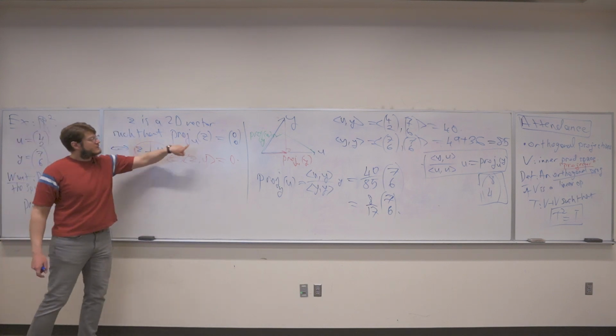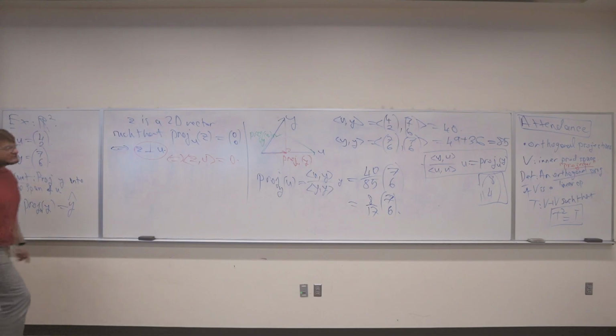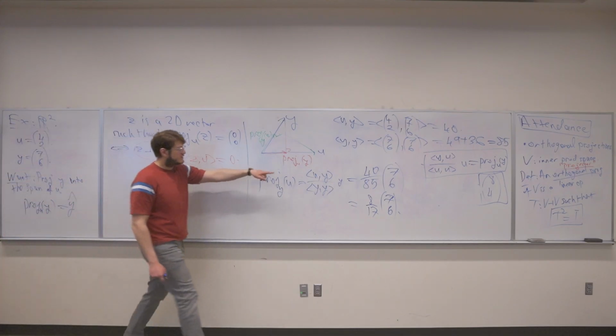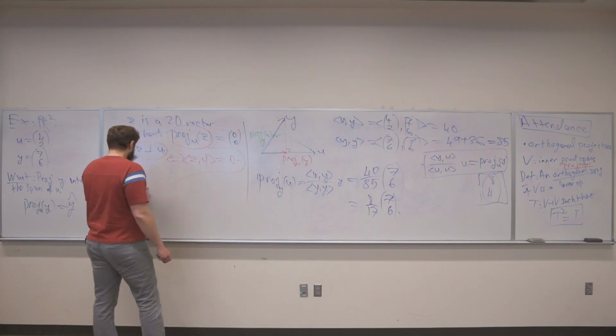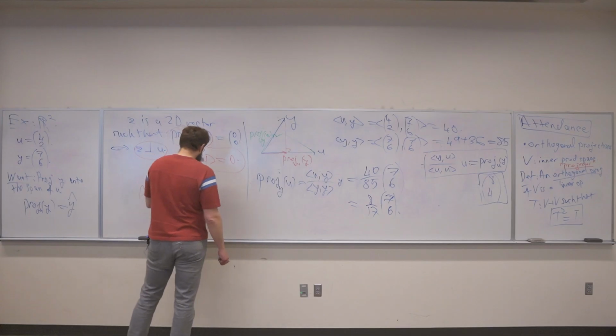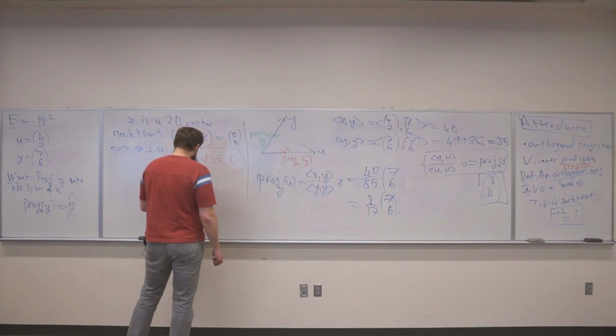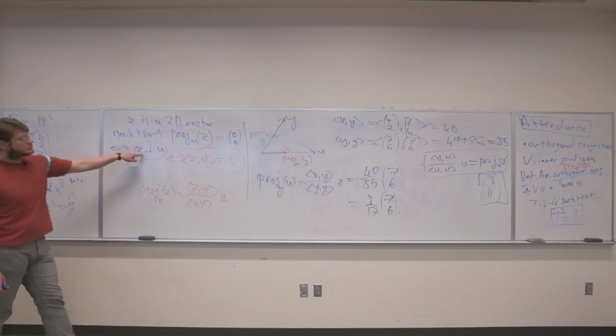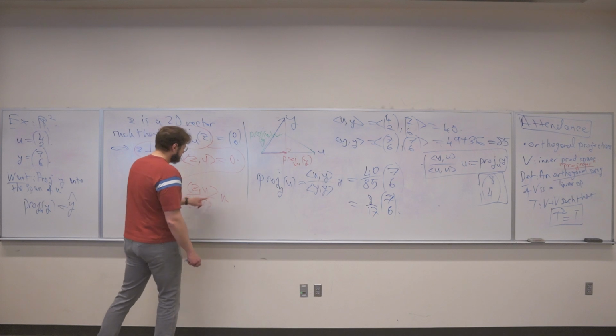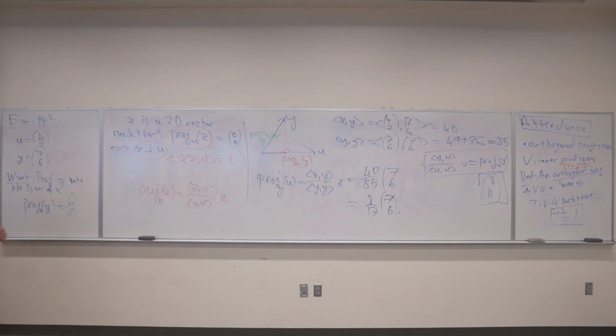So the only way this proj is going to be 0 is if this scalar in the numerator is 0. So z being perp to U is the same thing as saying that this numerator in the scalar part is 0.